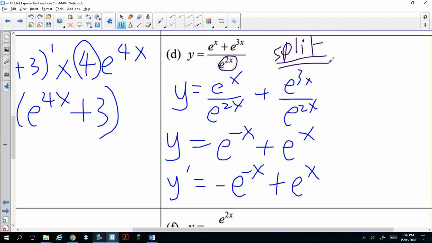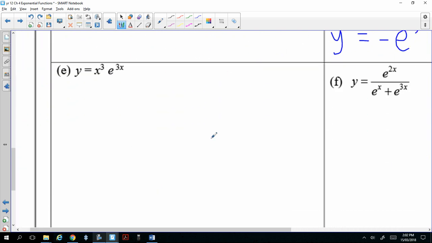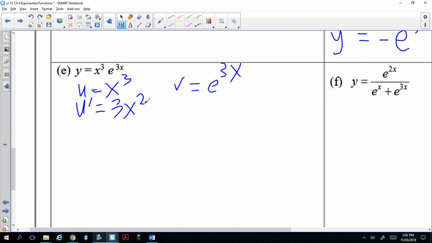Now how about the next one? Next one, you have to use the product rule. Let's use the product rule. So you let u equal to x squared cubed, v equal to e to the power 3x. And then you do u dash equal to 3x squared, v dash equal to 3 e to the power 3x.